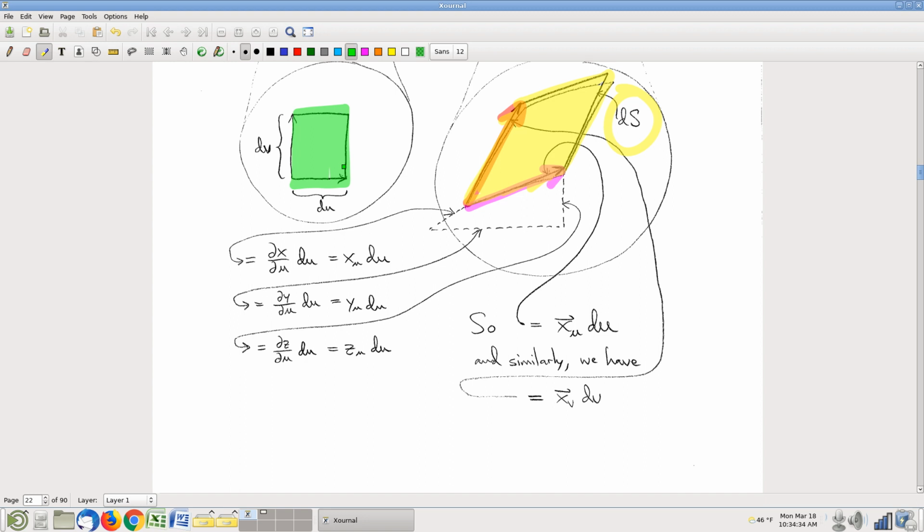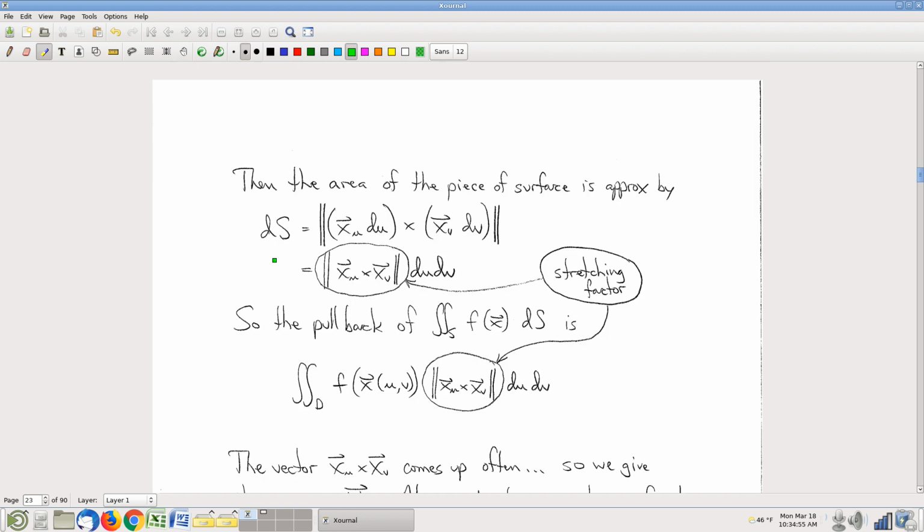I want to be able to understand ds as it relates to du times dv. How do I compute ds? Well, that's a chapter 12 problem. If we have a couple of vectors in R3, how do you find the area of the corresponding parallelogram? Cross products.